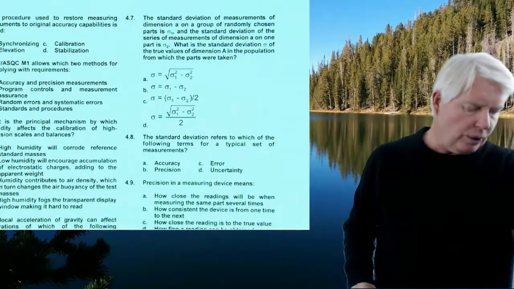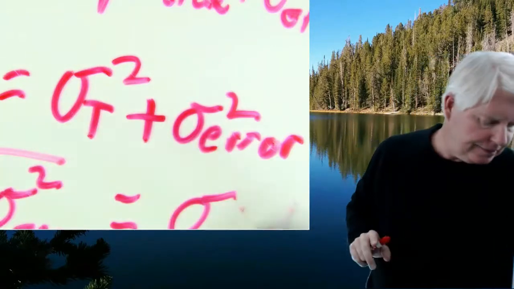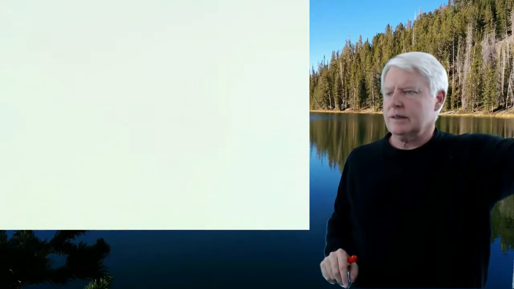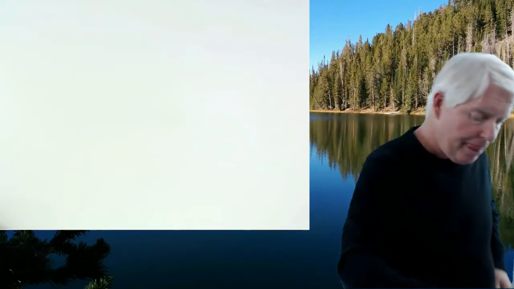I'm going to go back to the whiteboard, and we're going to play around a little bit here. Make sure you understand this. Let me clean it up for you. Okay. This is uncertainty.